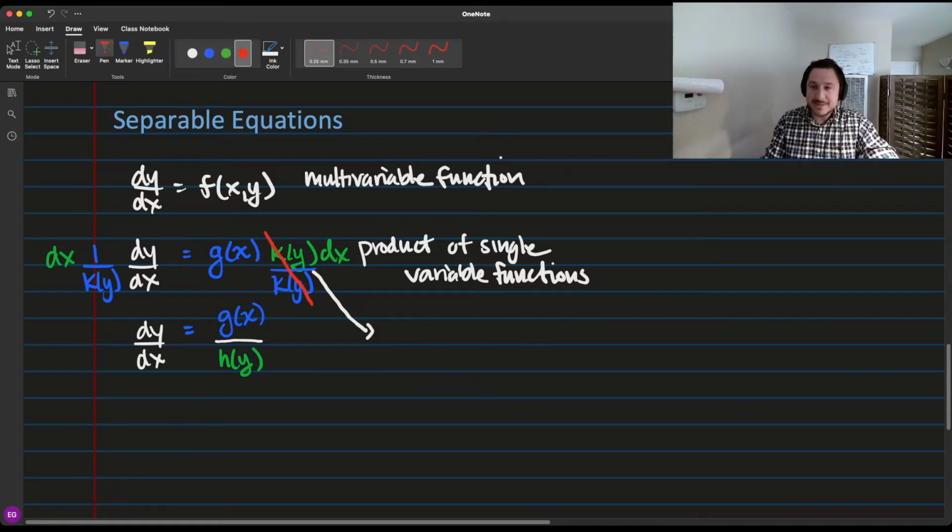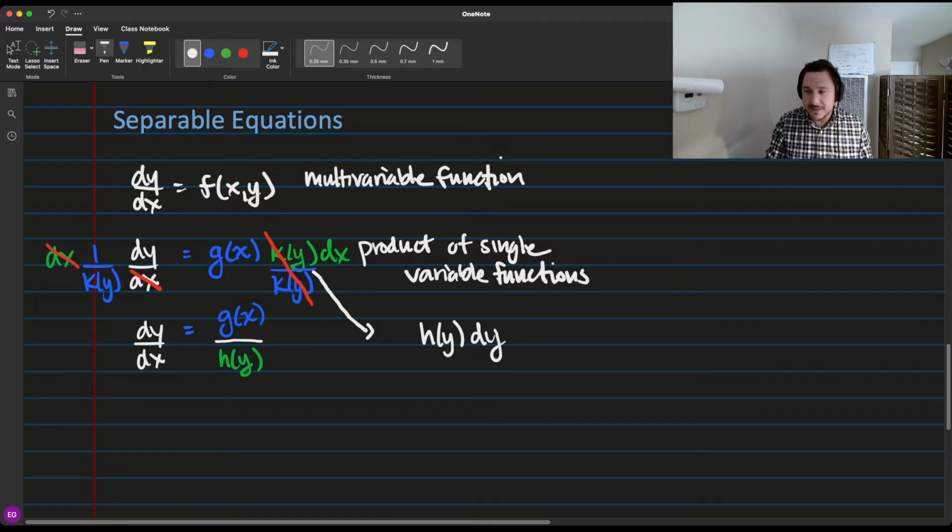The k of y's cancel, the dx's cancel, and you're left with h of y times dy, where h of y is the same thing as 1 over k of y, equals g of x dx, and they have been separated.